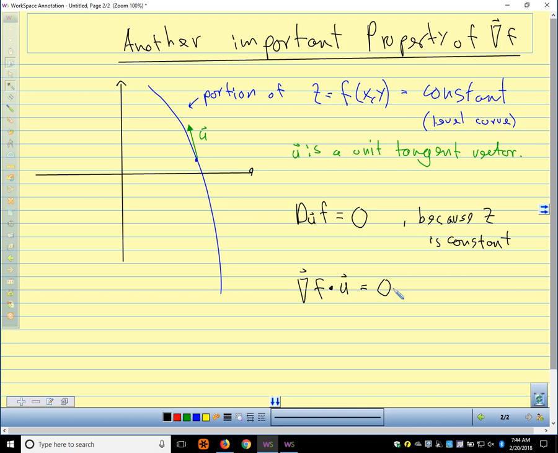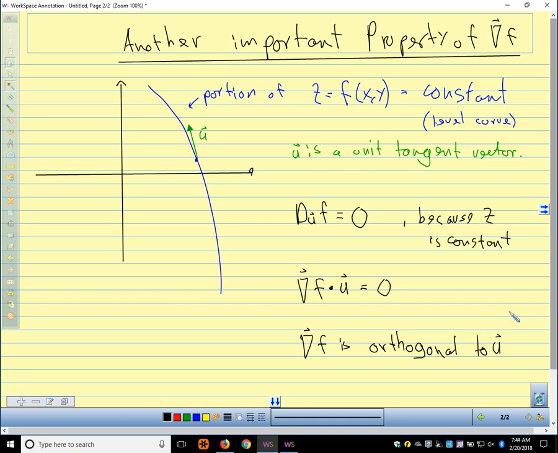What does that tell us? The gradient and this unit vector are orthogonal. So del f is orthogonal to that unit tangent vector.